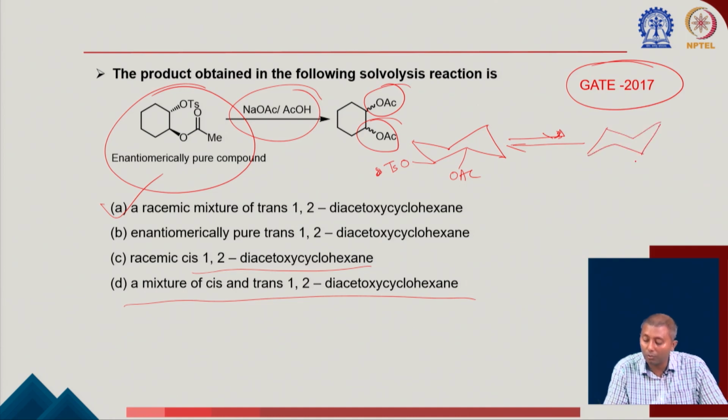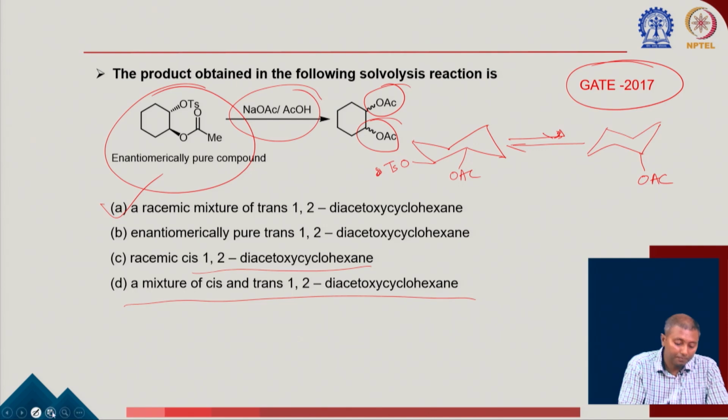So now your OAc will be here, and you will have your OTs. So we can also switch them. I think that way it will be better. We can write OTs here, and that can help us to understand the question even better.